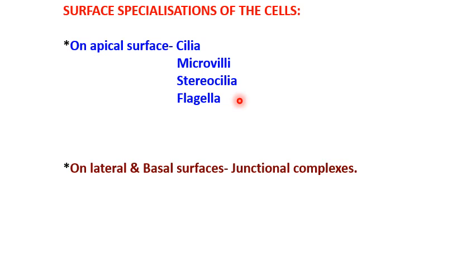On the lateral and basal surfaces, which are adjacent to other structures, that is, the lateral surface is adjacent to the adjacent cell and the basal surface is adjacent to the connective tissue, there are junctional complexes.